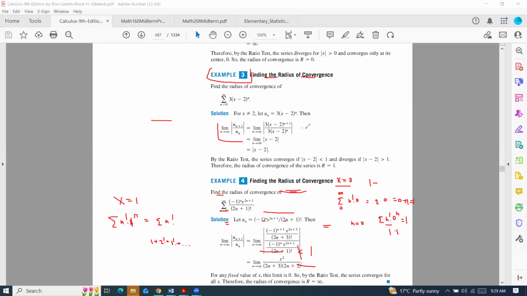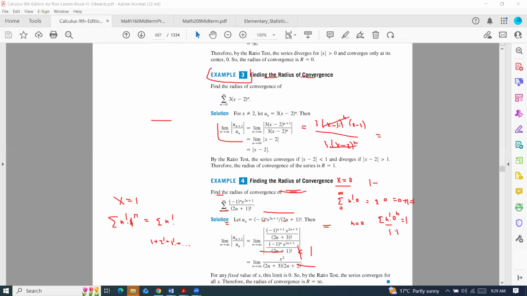And notice that we have 3, and that's x minus 2 on the top to the power of n times x minus 2, because the power of the numerator is going to be n plus 1. So you can separate one of these parentheses, right? And the denominator is going to be nicely canceled with the same nth term in the numerator.